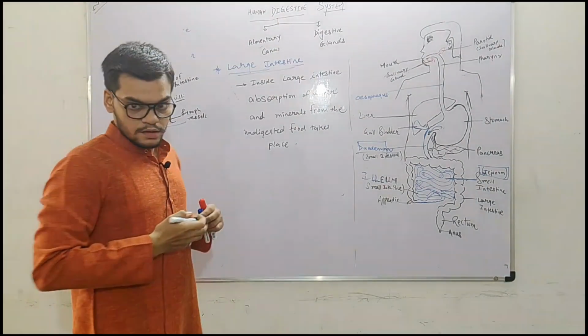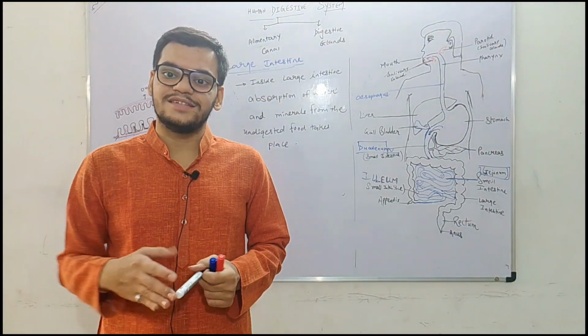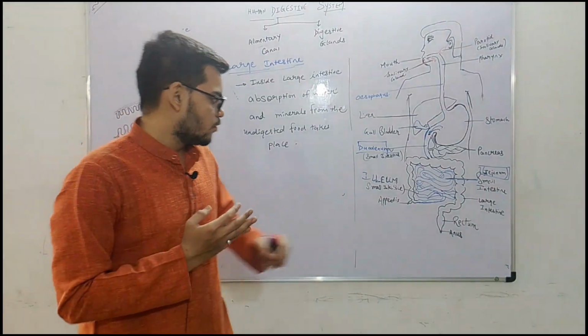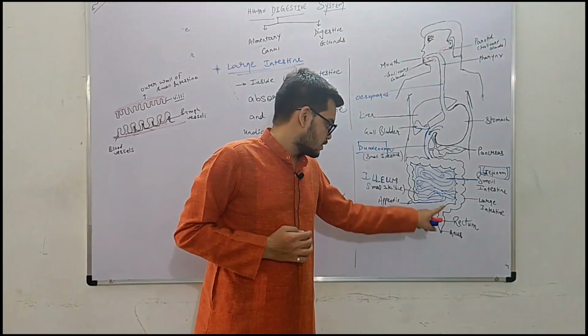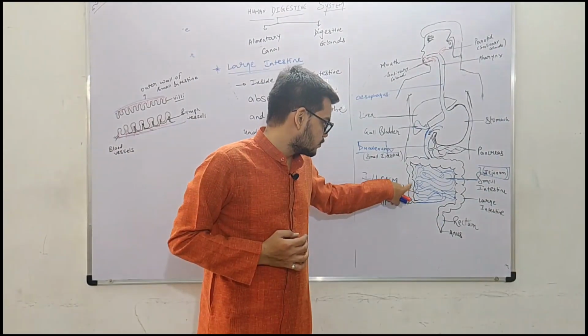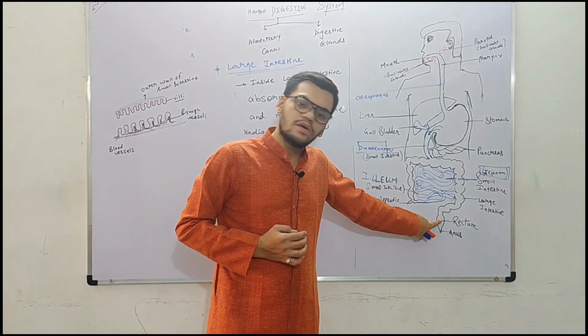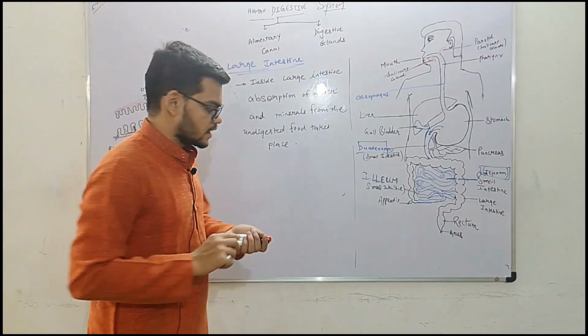And from that undigested food, or now we can say undigested waste or feces, goes inside the last portion of the large intestine, that is the rectum. From the small intestine, food goes inside the large intestine, and then it will go to the last portion of the large intestine, that is the rectum.